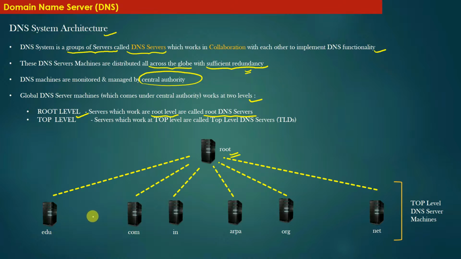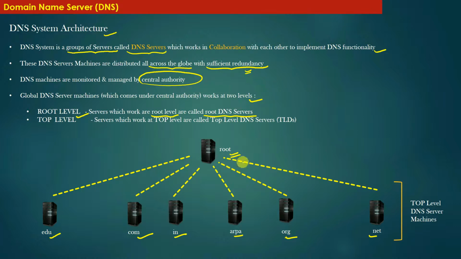Some of the examples I have shown here: edu is a top level DNS server. Similarly com, in, arpa, org and net. These are all top level DNS servers. The top level DNS servers work one level below the root DNS server. So you can see that the DNS system is a kind of tree-like, hierarchical system.